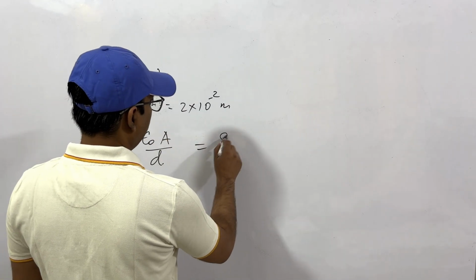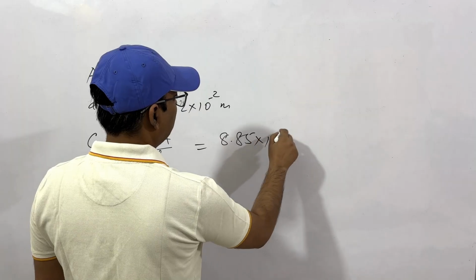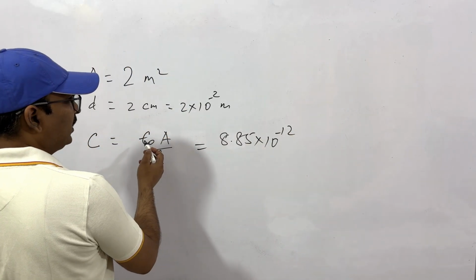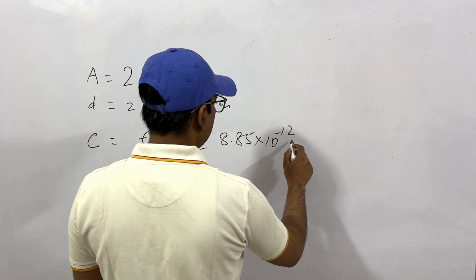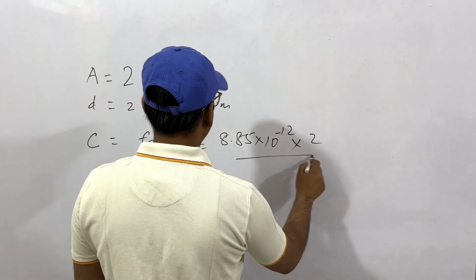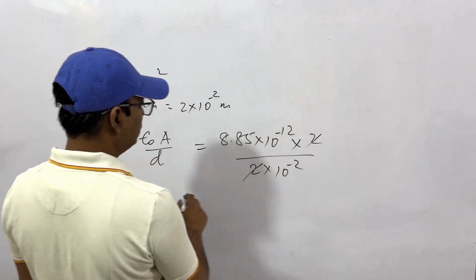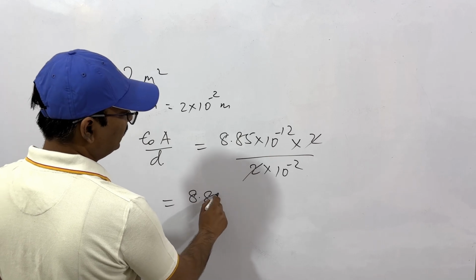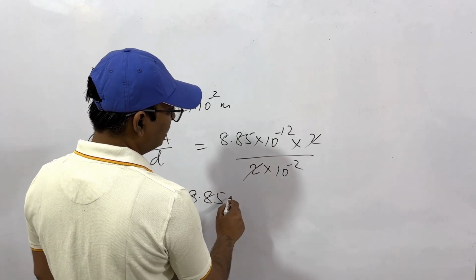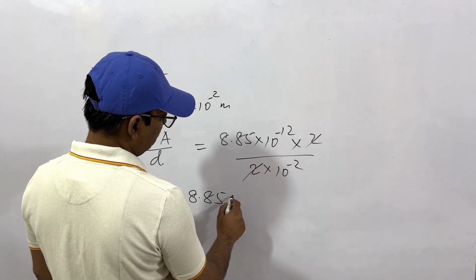So this is 8.85 into 10 to the power minus 12 Coulomb square per Newton per meter square, the SI unit. Area is given as 2 meters square. This is 2 into 10 to the power minus 2. So the 2 cancels. What you get is 8.85 into 10 to the power minus 10.